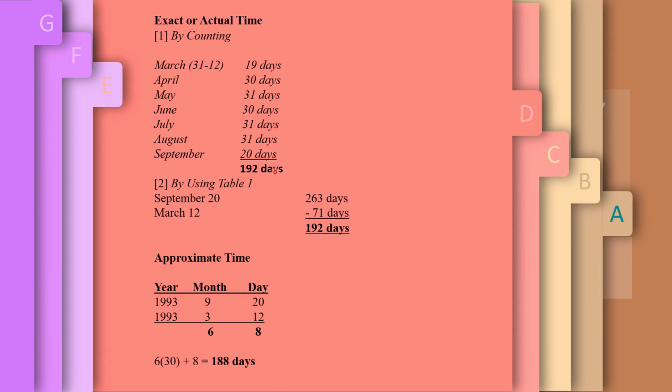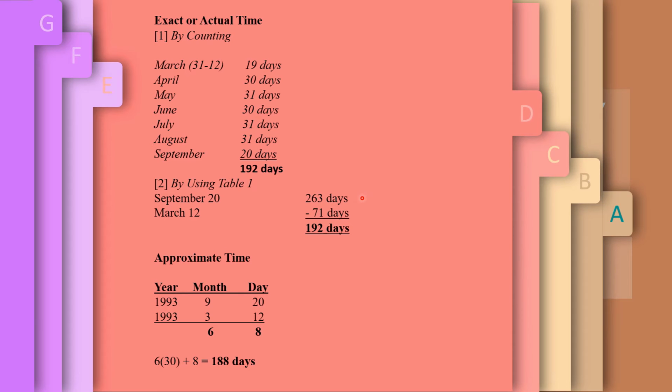So when we add all these number of days, we will get 192 days. By using the table 1, the first step is to list down the higher order of month in a year. So from January 1 to September 20, there are 263 days.